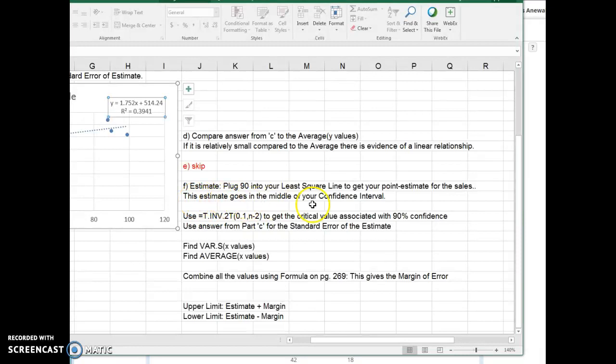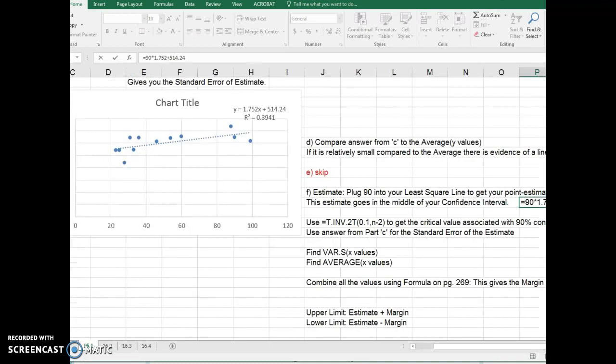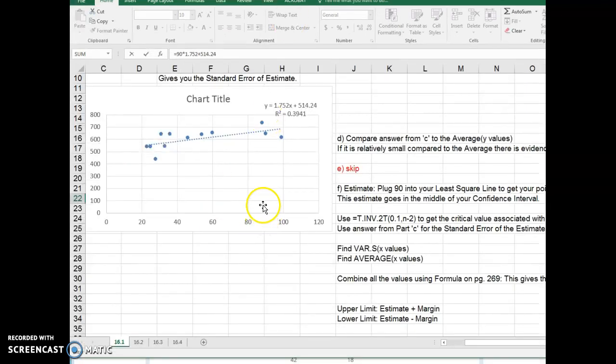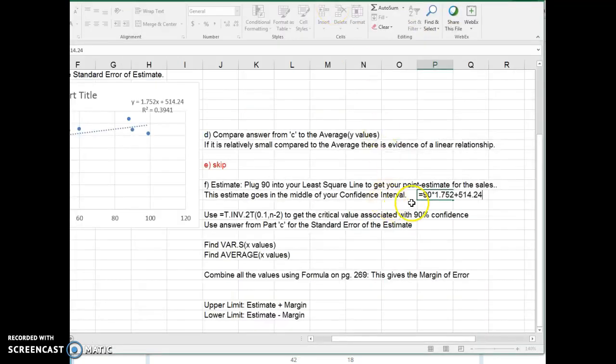And that is going to go right in the middle of our confidence interval. And so just plug 90 in here for x. For when x is 90, where is the line at? What's the value of that line that we're using for predictions? So I put 90 in there to the equation, hit enter, and there is my point estimate that's going to be right in the middle of my confidence interval.